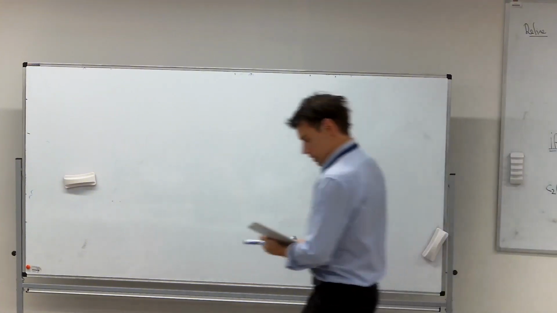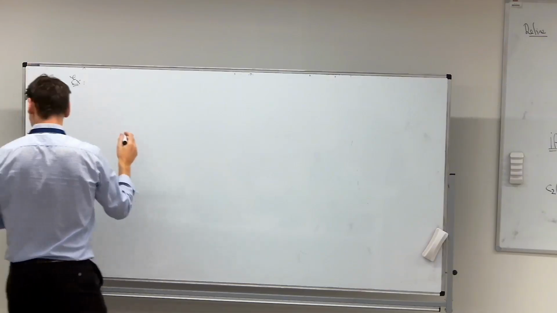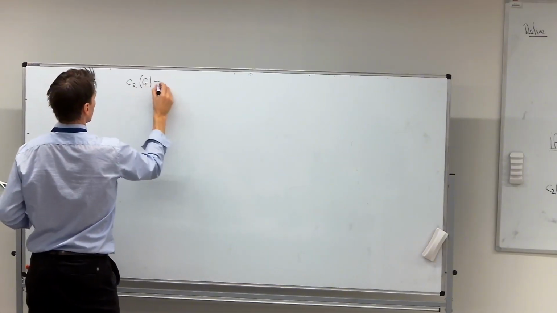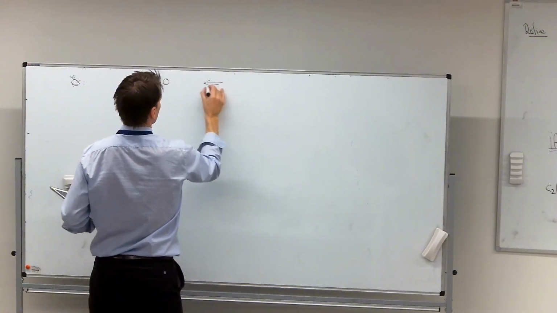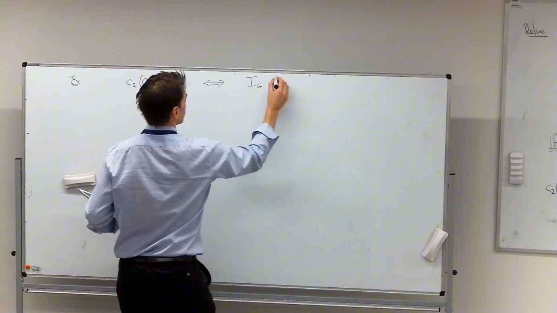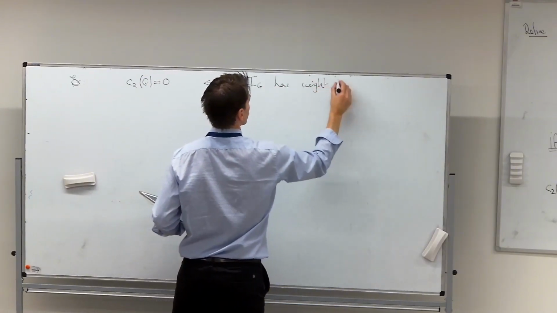So why is this important? Well, you may have seen in the example that C2 of G vanishes if and only if, in some technical sense, I_G has weight drop. It detects when a graph has weight drop.